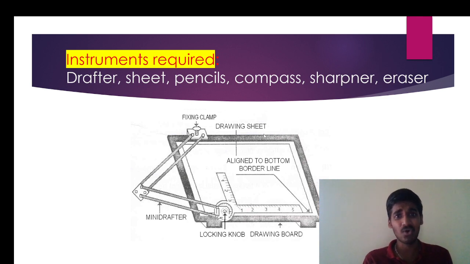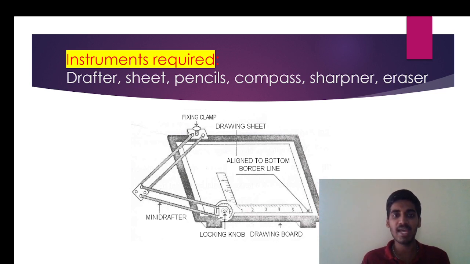The drafter you are using should not have any error. I'll explain that also. See here, look, the locking knob is there beside. See my arrow on the monitor, there one mark is there, that is the error of your drafter. You should keep your drafter on the drawing table completely so that it is perpendicular.